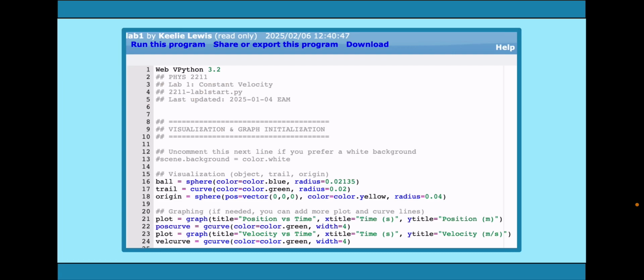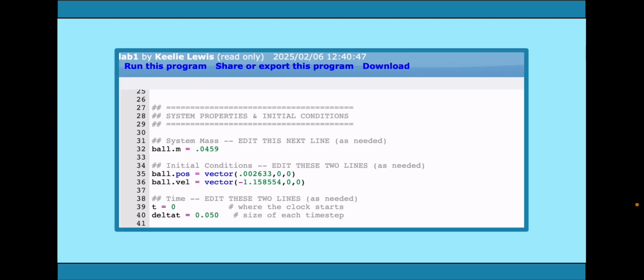This is my code that I used in GlowScript. I did change a few things: I changed the radius of the ball, and I also changed the mass, which, like I said before, later gets canceled out. I also inputted the initial position and the initial velocity, which I obtained from doing the math in previous slides.